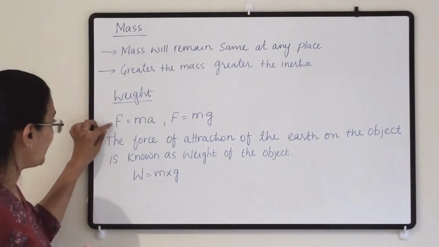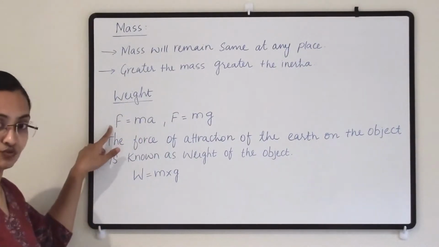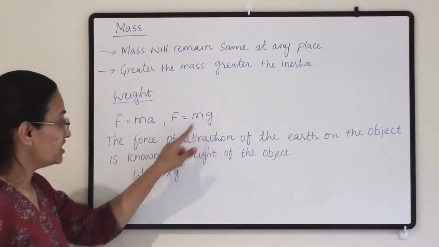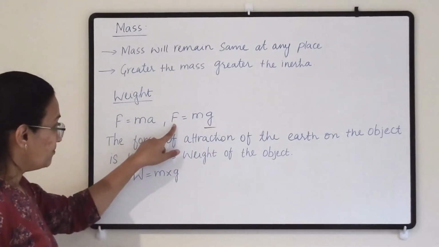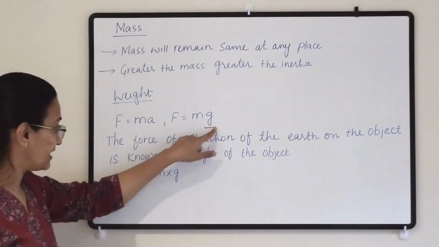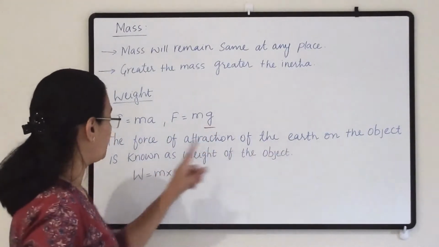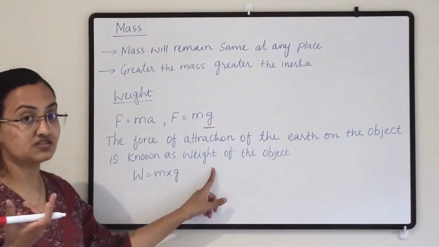We know that F equals ma, mass into acceleration, which gives us force. We also know that F equals mg, where g is acceleration due to gravity. So force equals mass into acceleration due to gravity. The force of attraction of the earth on the object is known as the weight of the object. Actually, what is weight?